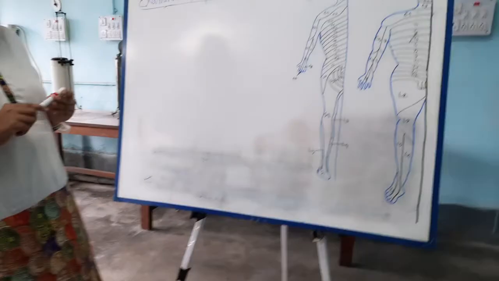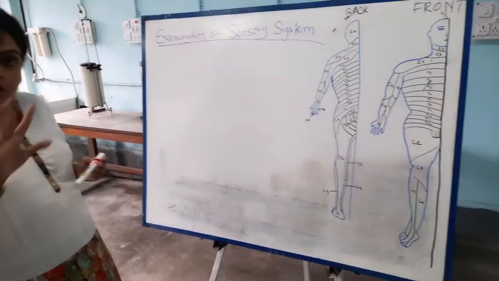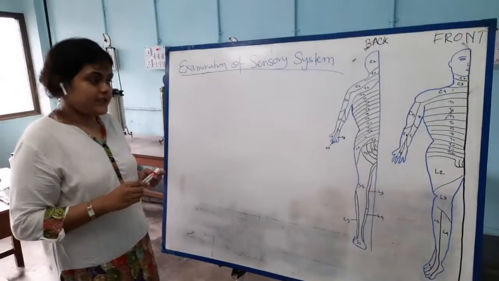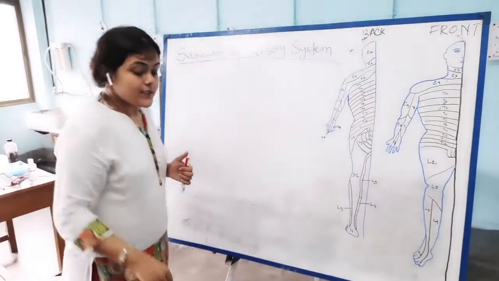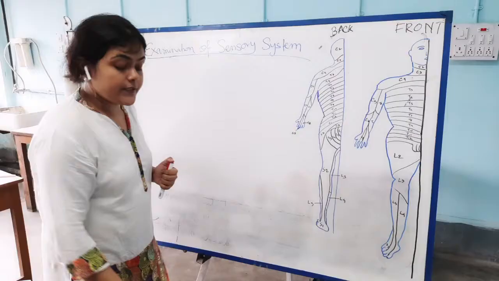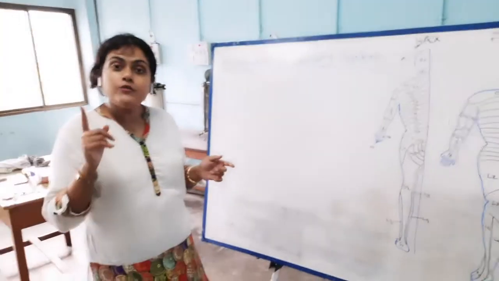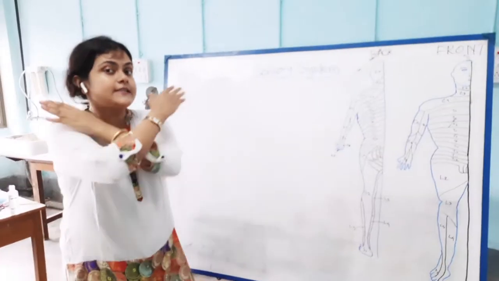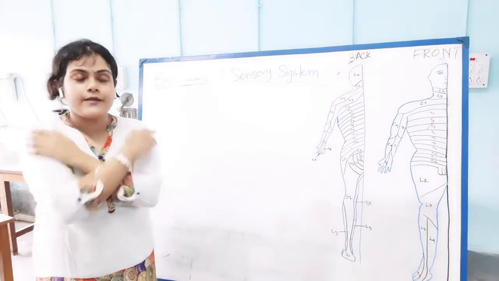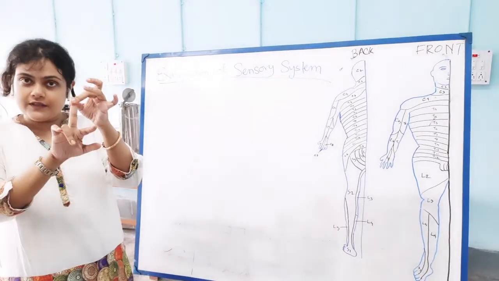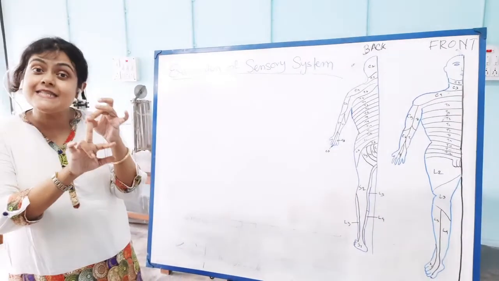Now you have to know about all the dermatomes, but obviously in your exam some dermatomes are examiner's favorite, so just remember that. You are frequently asked about C4. C4 supplies shoulder tip, okay. Then middle finger, it's supplied by C7.